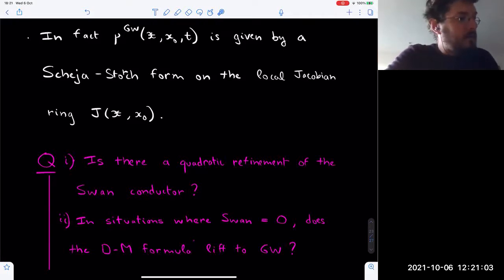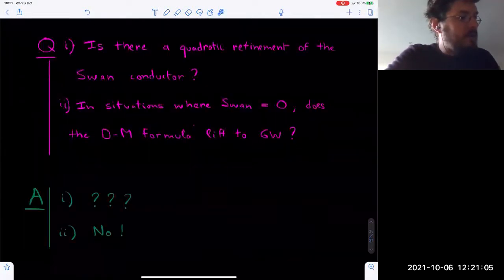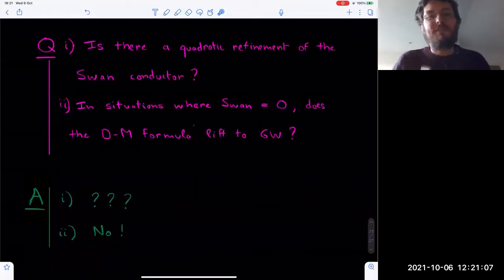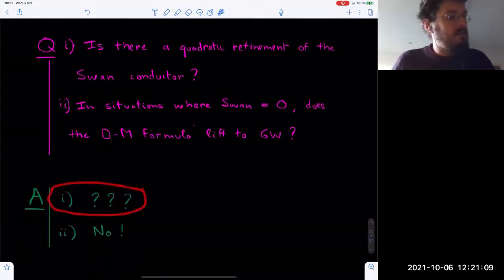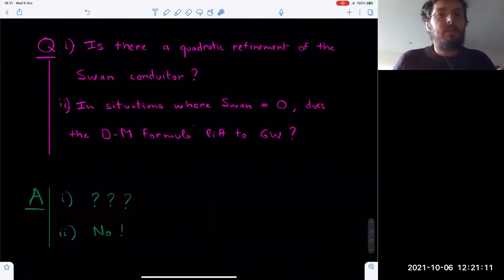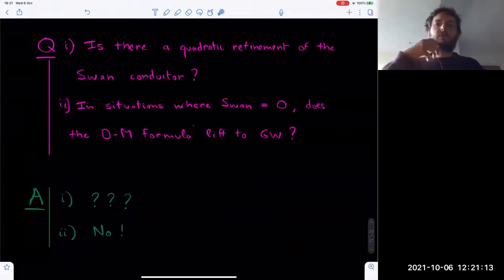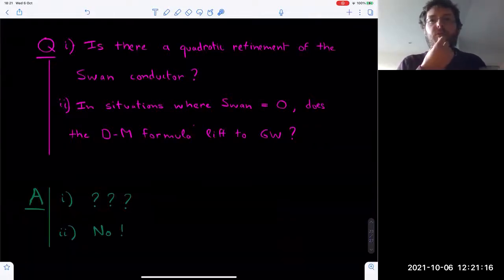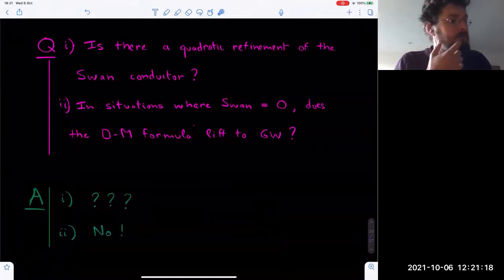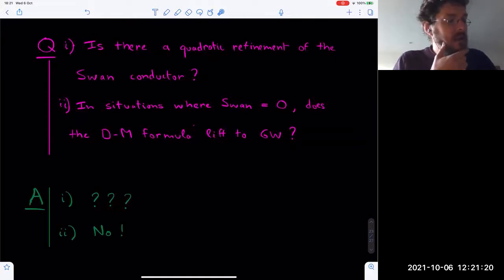So the answers at this point are, for the first one, I have really no idea. It is a complete mystery to me how you could get these Swan conductors to live as quadratic forms. But even in the situation where the Swan conductor is 0, the answer is no, and so the naive lift of the formula does not hold.